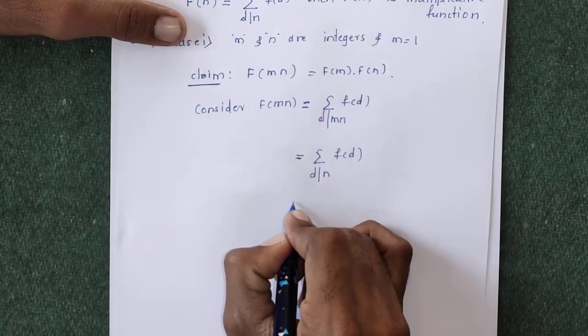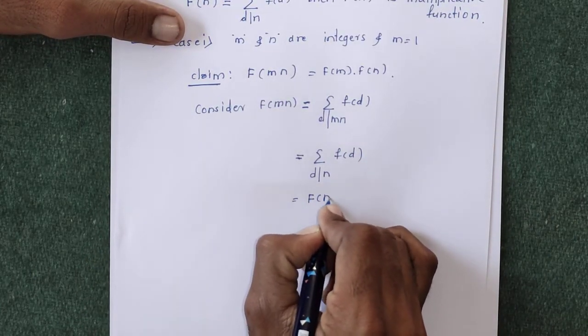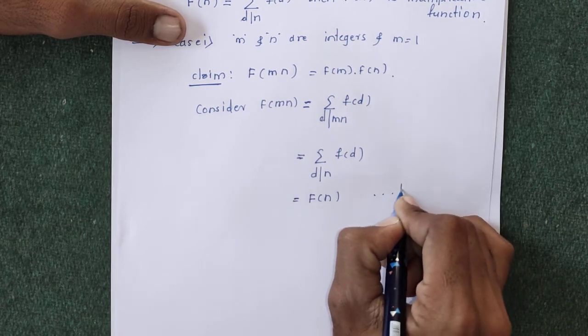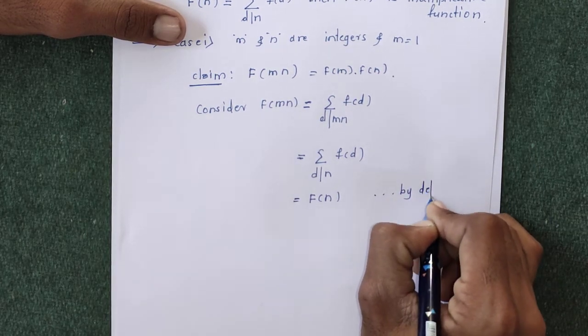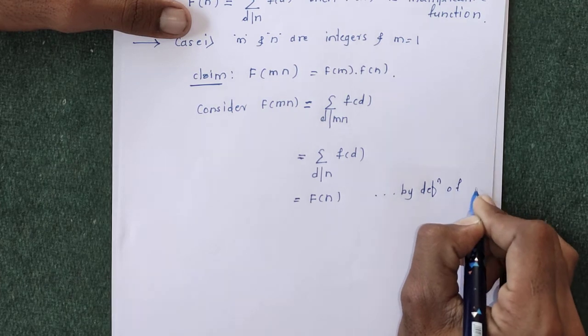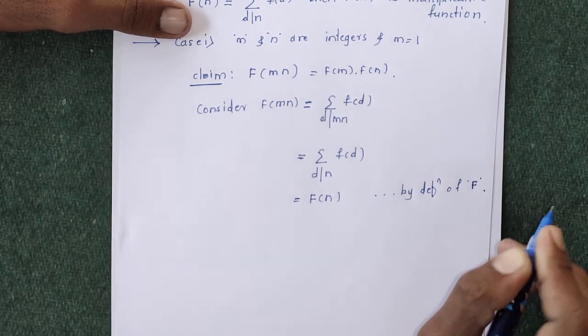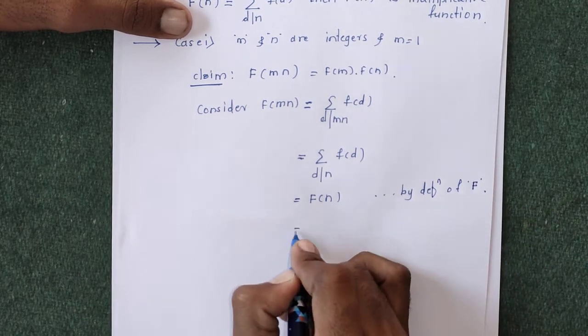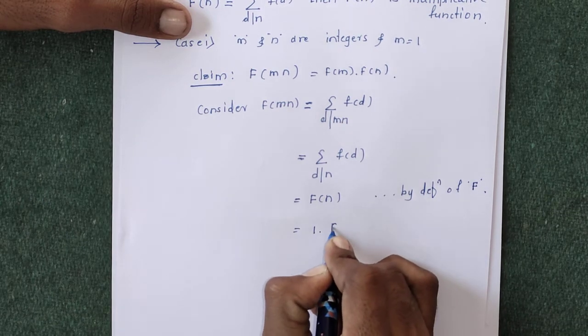So this is just capital F of n by definition of capital F. So I can write it as 1 into F of n.